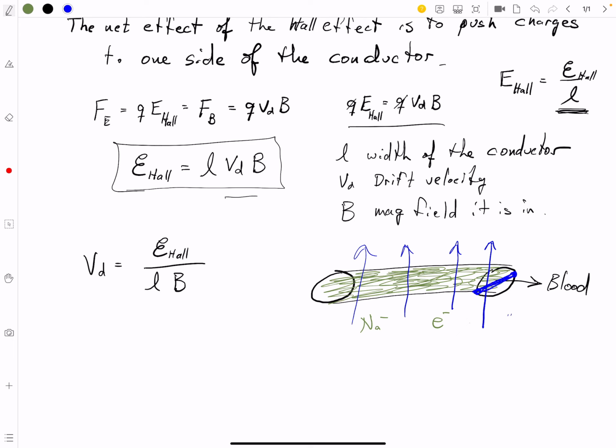So there's a Hall EMF. These are perpendicular to each other. It's all perpendicular. Everybody's 90 degrees from each other. We know this L length, the distance from here to here, is just the diameter. So L equals diameter of vessel.